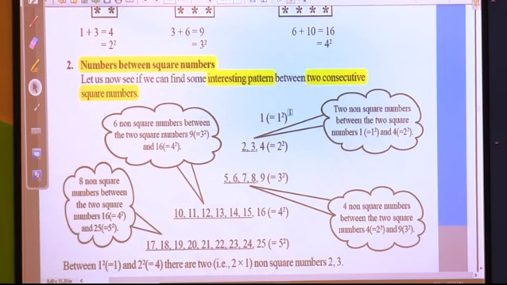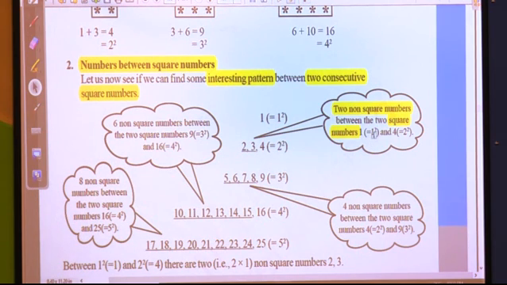1 square is 1, 2 square is 4. There are two non-square numbers between two square numbers.